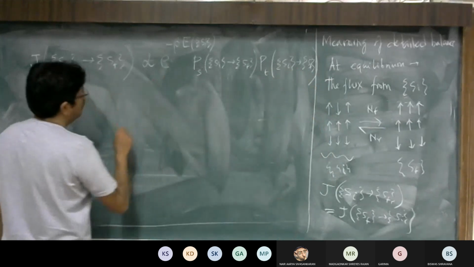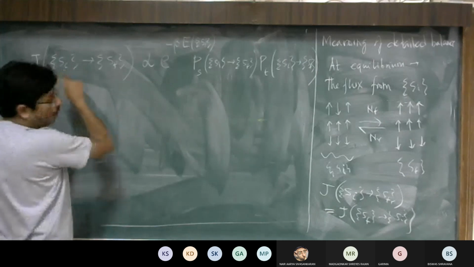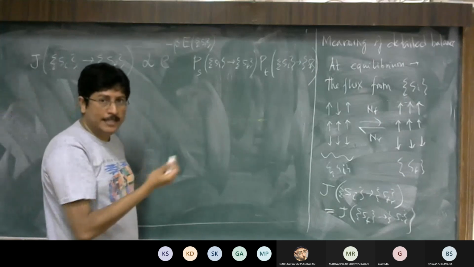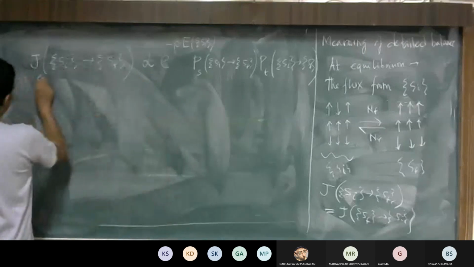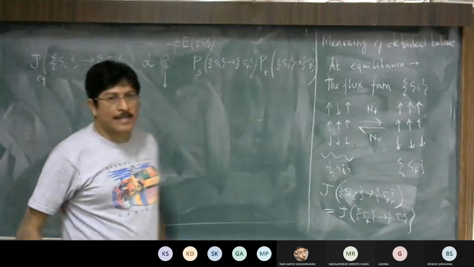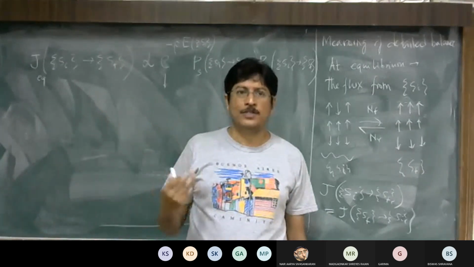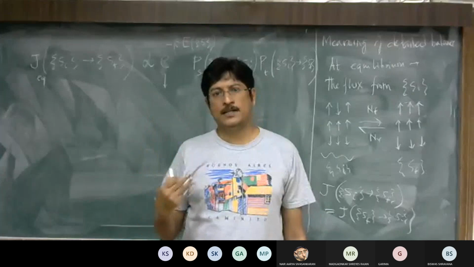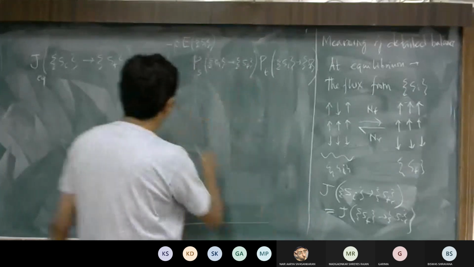This term, first of all, counts how many events of transformation happen from a particular configuration SI to SF at equilibrium. First term is that at equilibrium, any of the energy states are proportional to e to the power of minus beta E. Right? So it is weighted by the Boltzmann factor.